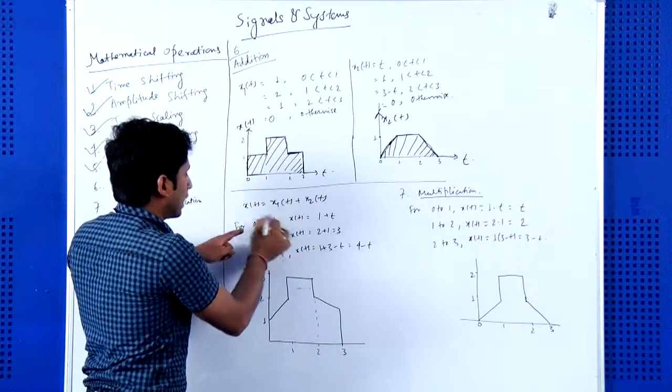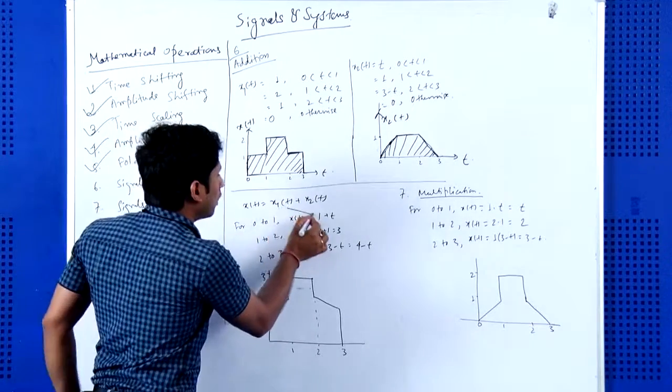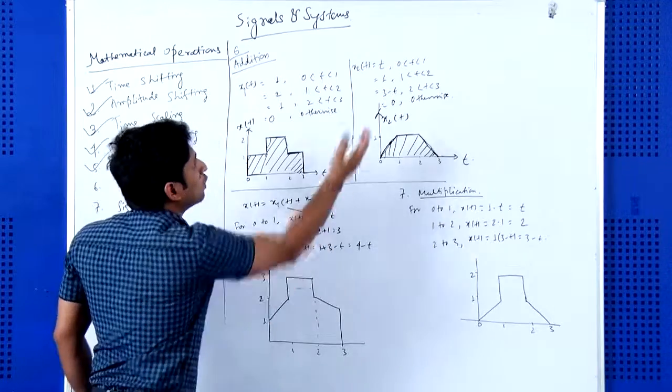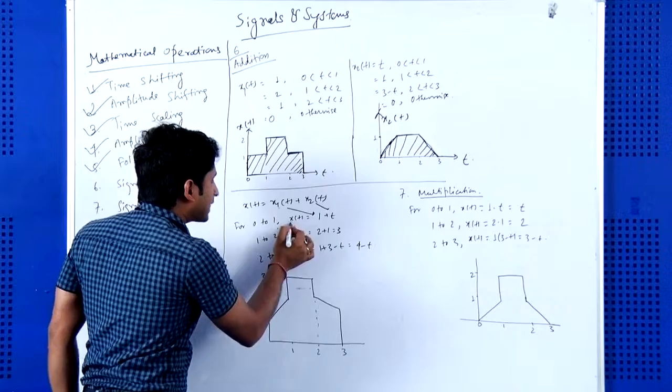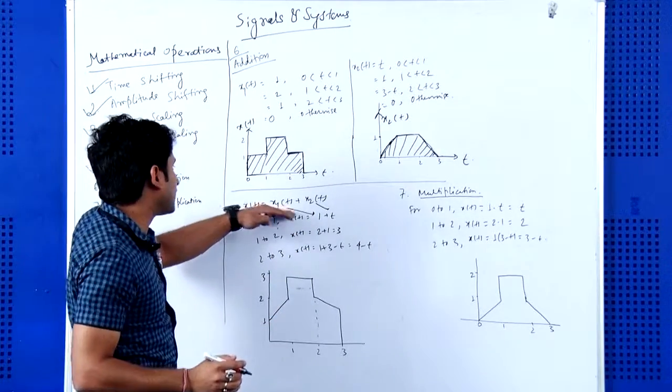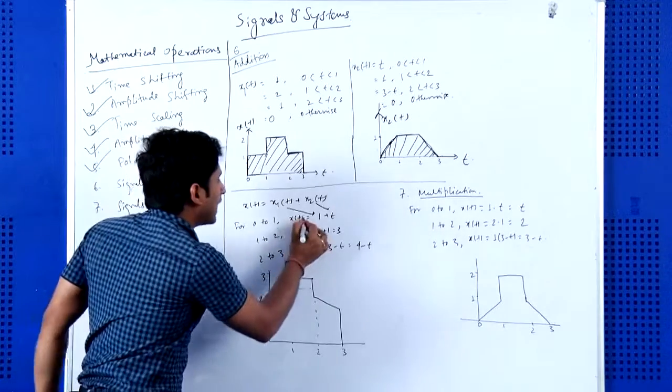In between 0 to 1, the value of x1(t) is equal to 1, the value of x2(t) is equal to t. So I have just added them up.